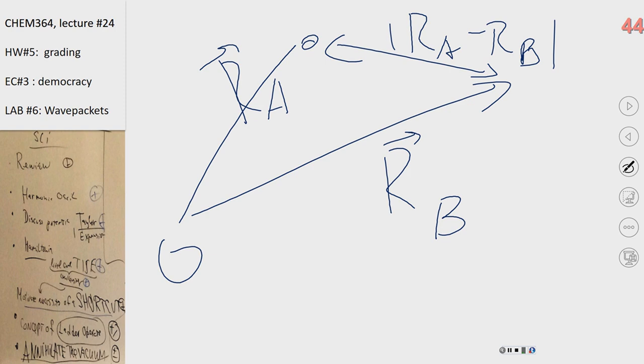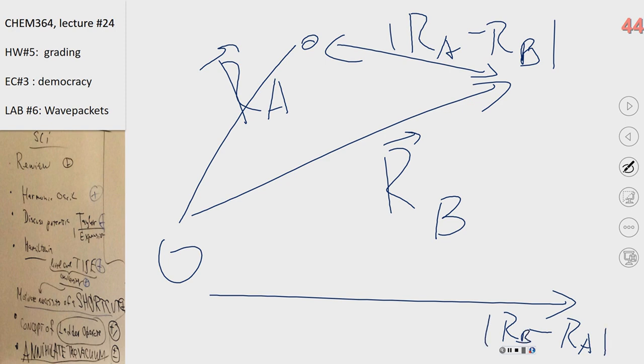If two atoms are attracting each other, but for some reason someone wants to pull them apart, energy again increases. Right? So if we make this axis RA minus RB difference, on both sides, when they go apart or they go too close together, there should be an increase of potential energy.